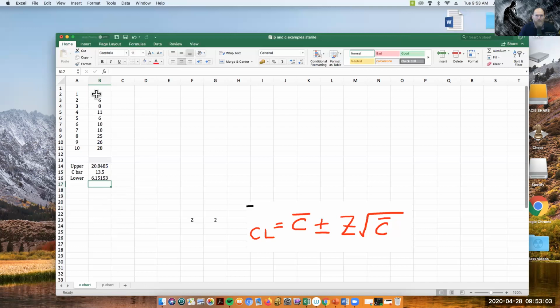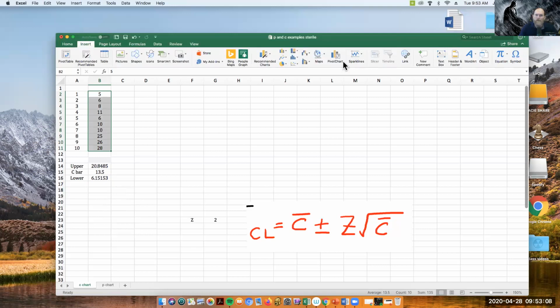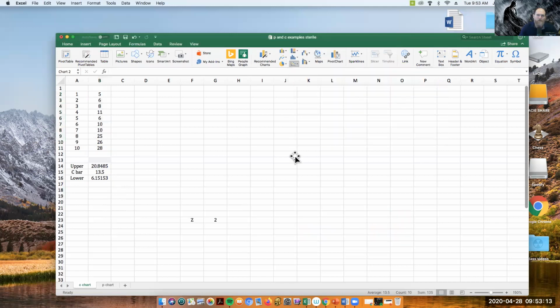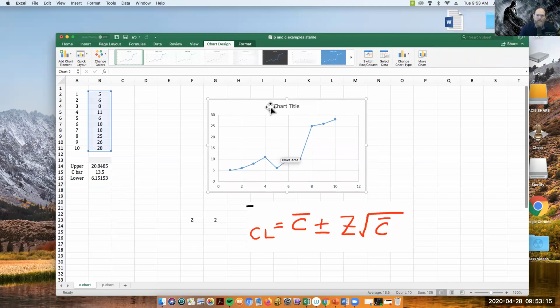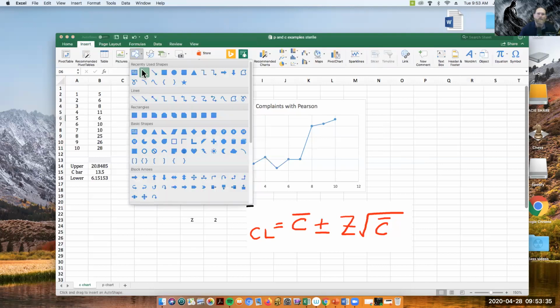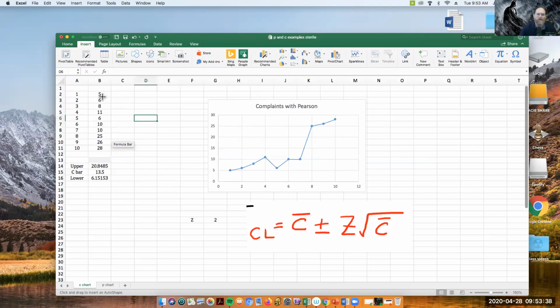So the next thing to do would be to plot my data. Go into what I call the connected scatter plot right there. I only have to grab that one column. Looks like this. Might as well give it a title. And same as I always do, I'm going to get some limits down here.